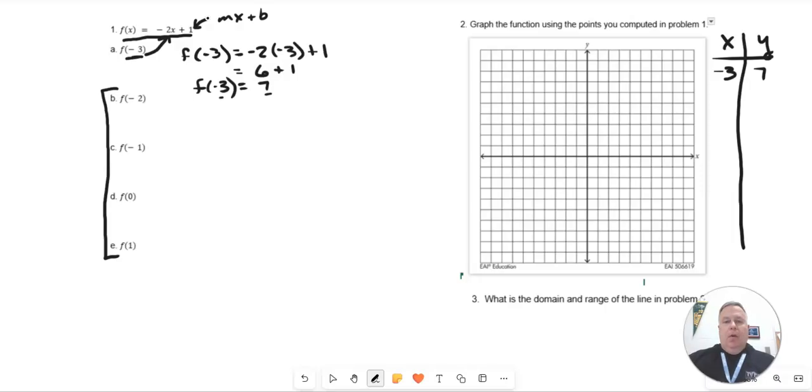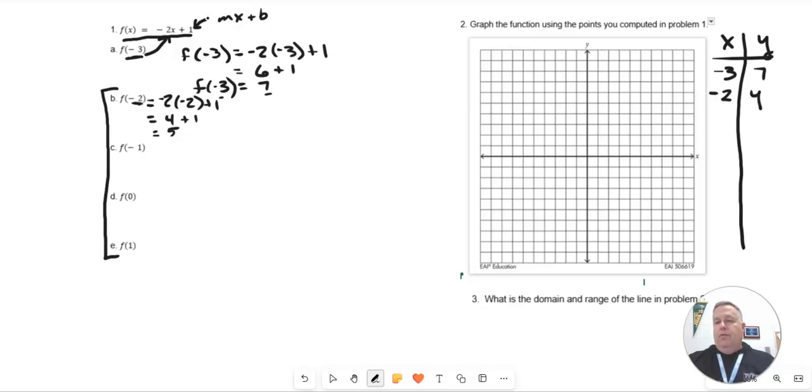Okay, welcome back. Let's take a look and see what you came up with. F of -2 equals -2 times -2 plus 1, which equals 4 plus 1, which equals 5. So when x equals -2, y equals 5.